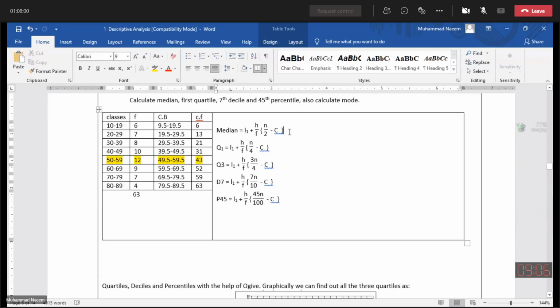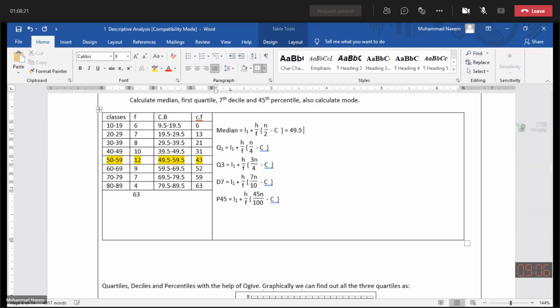Also we have highlighted this class interval, but from class boundary, L1 is the lower limit of this class, 39.5.